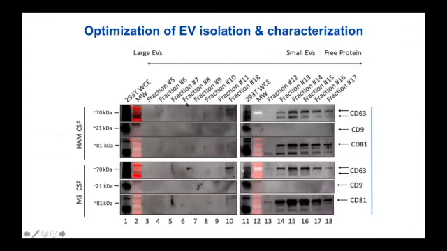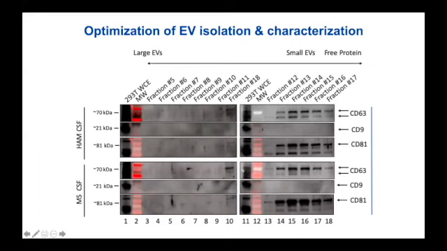Most of the time that I was at NIH was invested in optimizing our EV isolation and characterization methods. The lab I was in did not have an active EV research program, so we were essentially trying to optimize these methods for human CSF and serum.